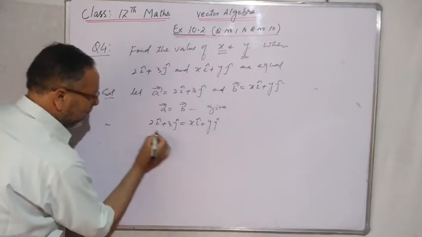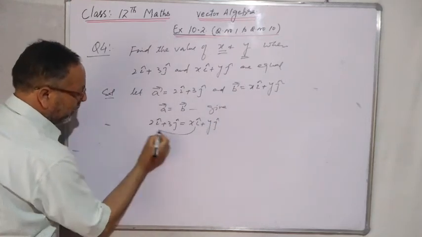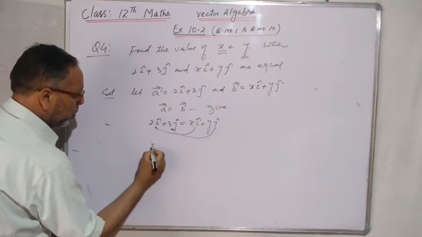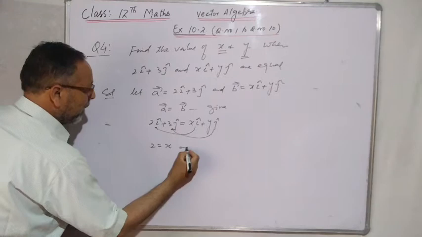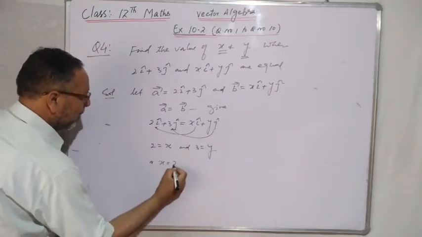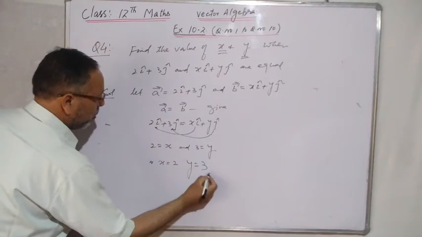Now equating the corresponding elements, ये इसके बराबर हो गया और ये इसके बराबर हो गया, that means 2 is equal to x and 3 is equal to y, or we can say x is equal to 2 and y is equal to 3.